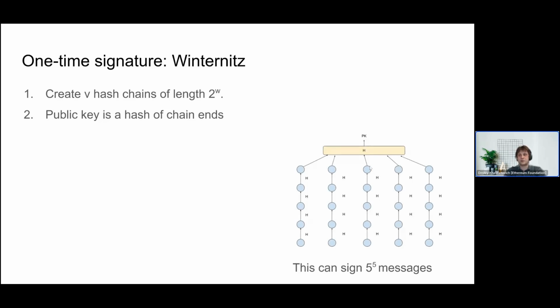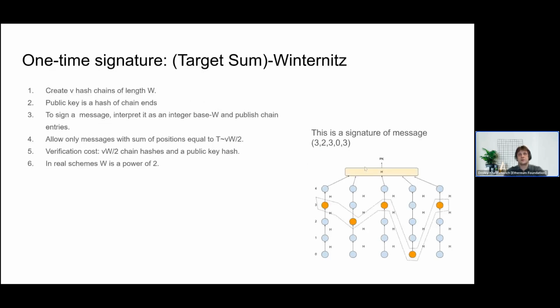So let me show you how actual signature works. It's fairly simple. Suppose we want to sign a message that belongs to the set of signable messages. Then it has 5 components, and each component is from 0 to 4. Suppose we want to sign the message 32303.